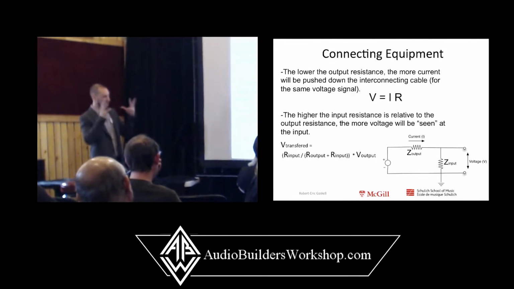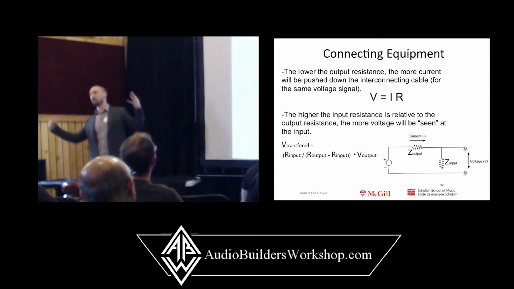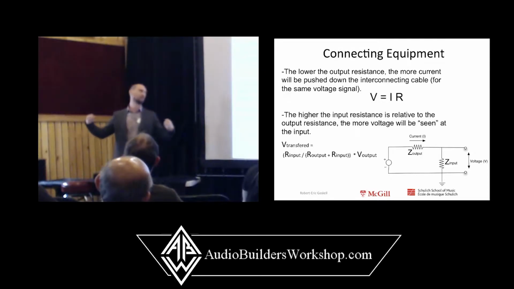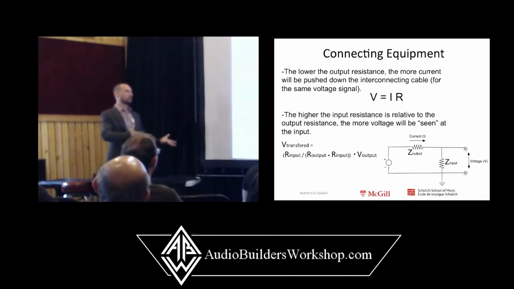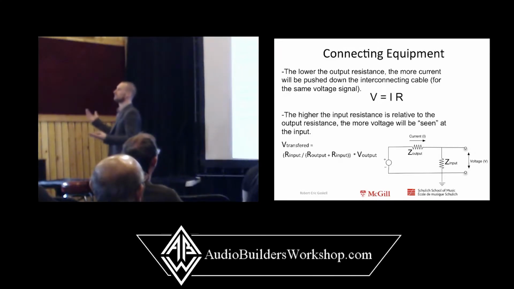All right, but what I think is the most interesting way that frequency response changes is in this interconnection of equipment, right? So again, we create a voltage divider when we take the output impedance of one piece of equipment and plug it into the input impedance of the next piece of equipment.